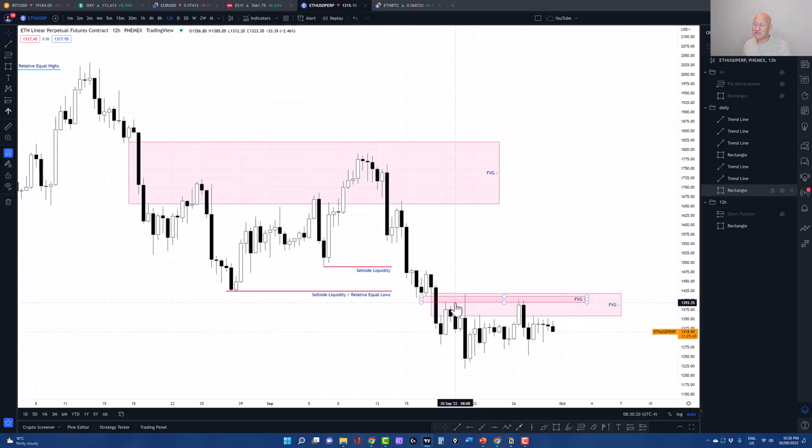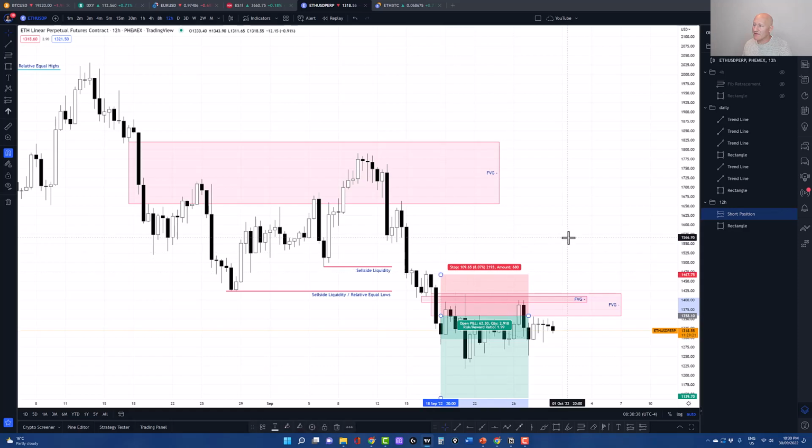So if we wanted to then take this position on the 12-hour chart, again, we just use the same methodology that we always use. So we've got our 3 candle formation, so 1, 2, and 3, and so we'd put our limit at the high of the 3rd candle, and we would use then our stop on the high of the 1st candle.